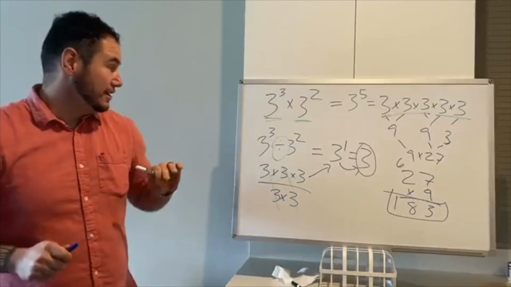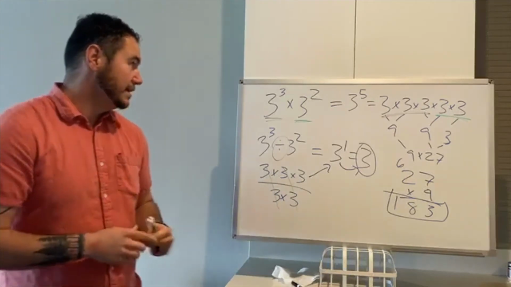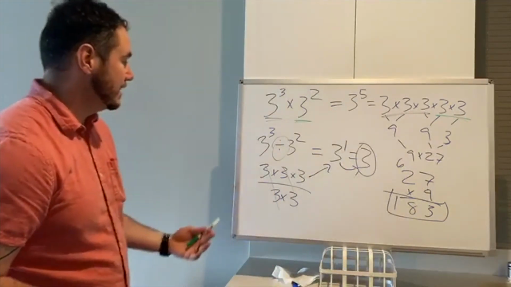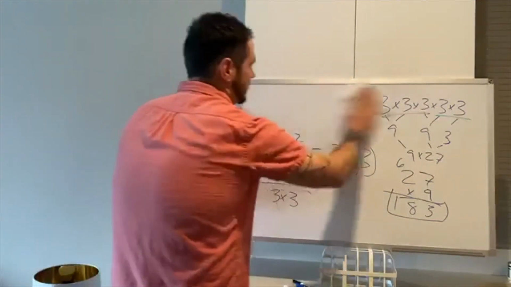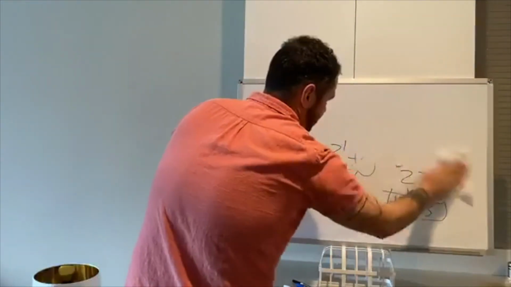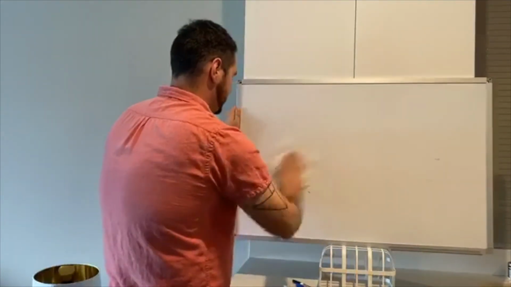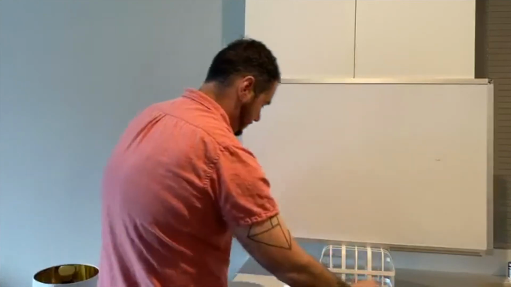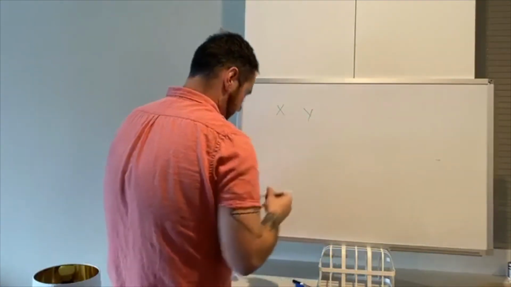Alright, so nothing too complicated there. Don't be intimidated by exponents. That's multiplication and division. And what you'll see is crazy looking fractions. Like x, y, I don't like green.